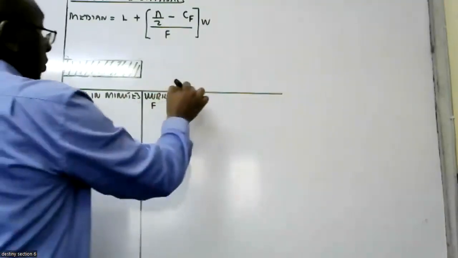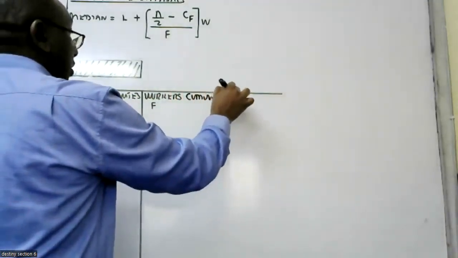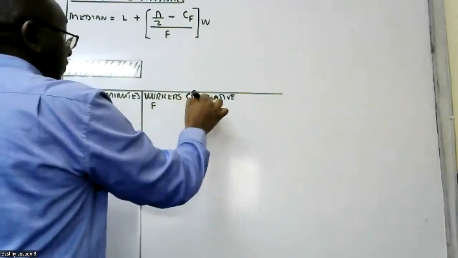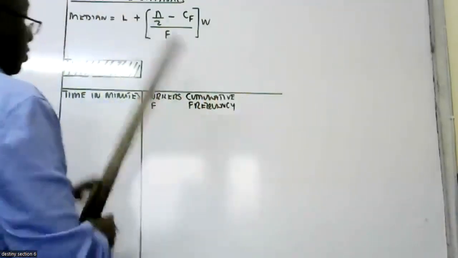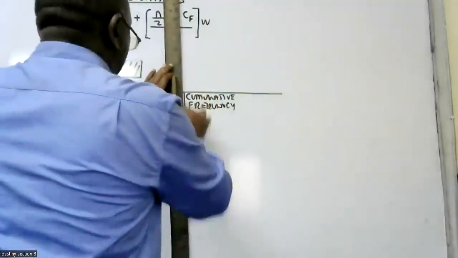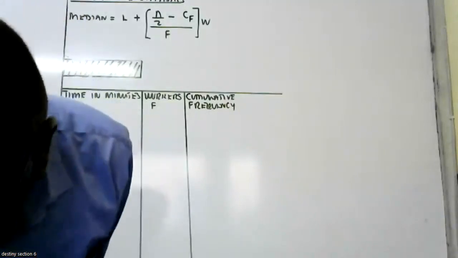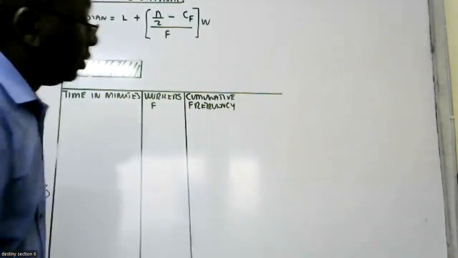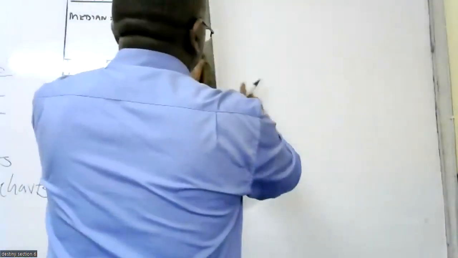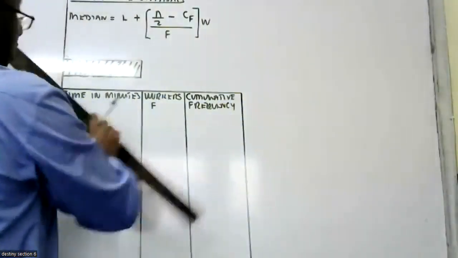And then we will need the cumulative frequency. At least those 3 columns should help us work out. Let me see the other requirement, whether it may require the mode. If that is the case, I don't think we need any other column.